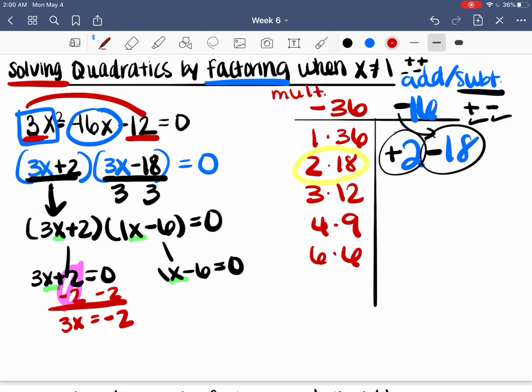My goal is to get the x alone, so I need to get rid of that 3. Right now, it's being multiplied times x, so to get rid of a multiplication, I would divide both sides by 3. 3 divided by 3 is a 1, so all I would be left with is x. Negative 2 divided by 3, there's no way to simplify it, so that would be my answer right here. That's one of my x's alone.